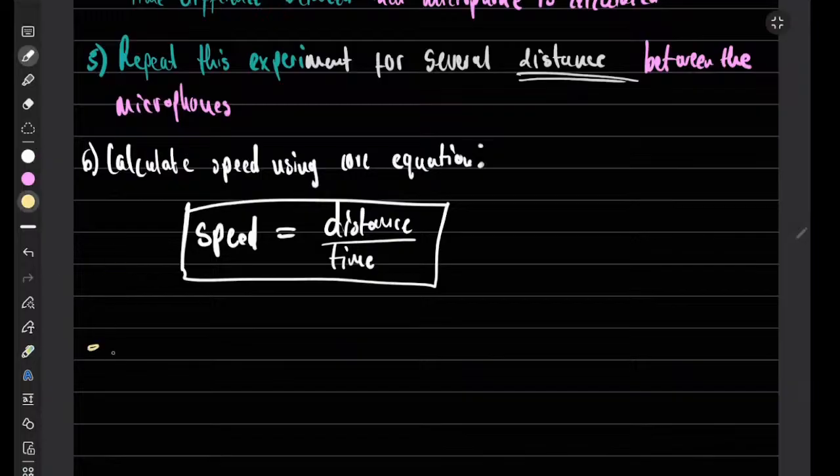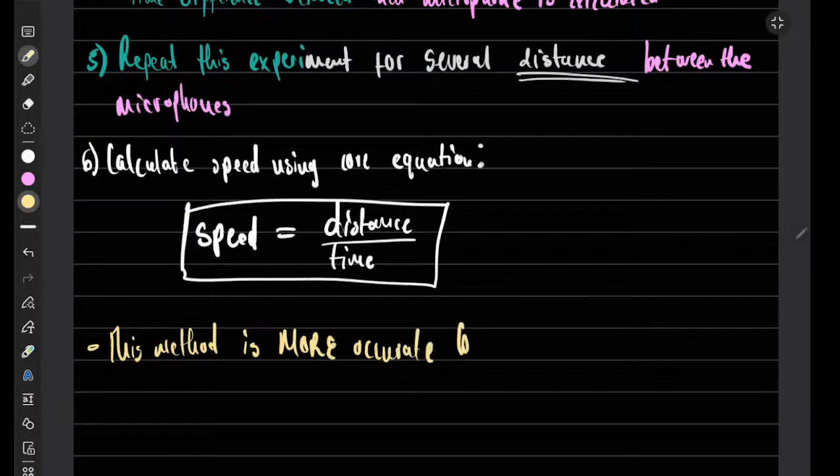Now, let me write. This method is more accurate because the timing is electronic.